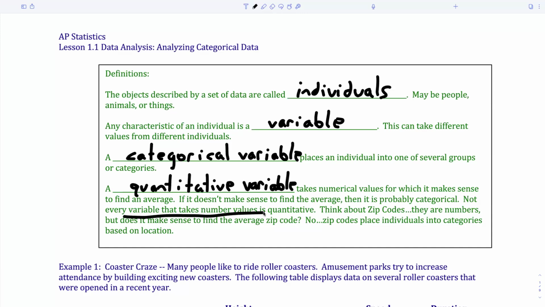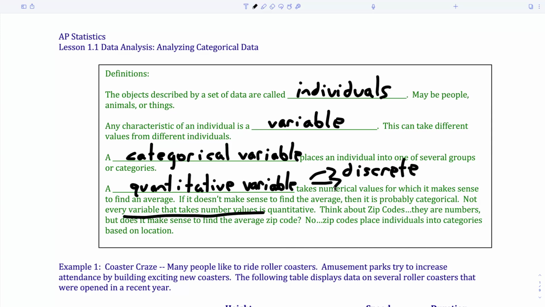Within quantitative variables, we can break it down further, which we will look at. All right, I'll go ahead and write it here. There is discrete. So a discrete quantitative variable are counts, something that it makes sense to count, the number of calculators that I have. It doesn't make sense to talk about half a calculator. And then there's another. Anybody want to take a guess?